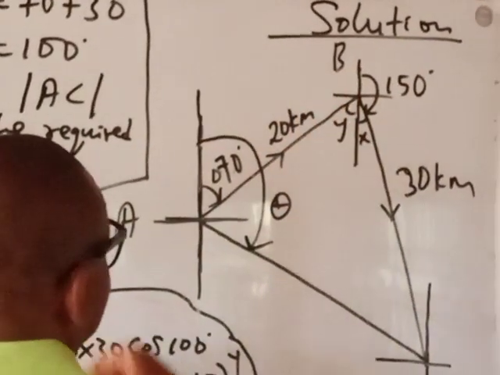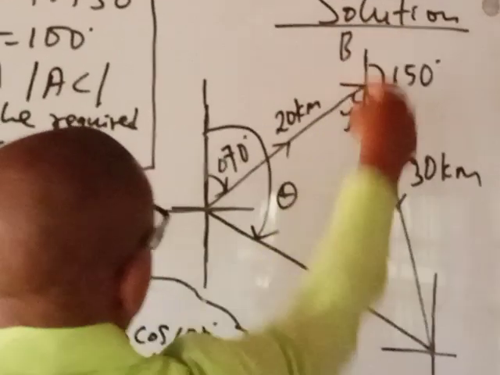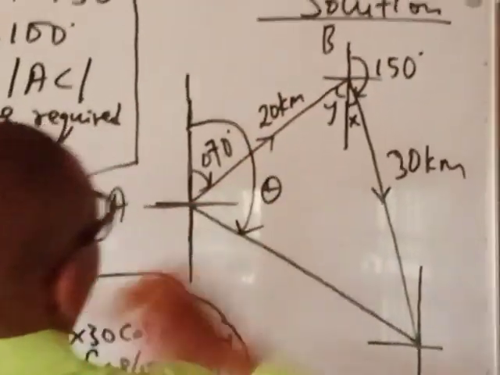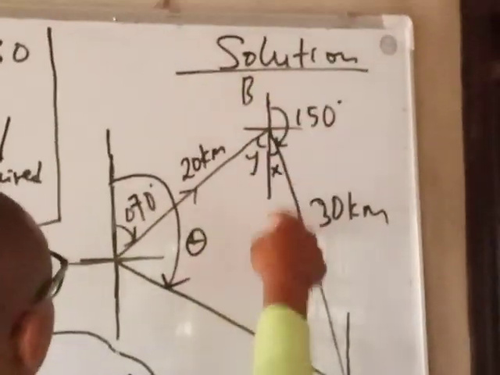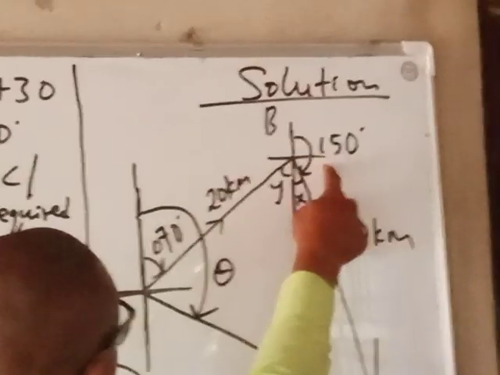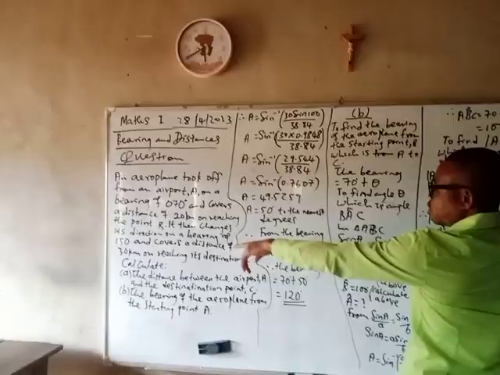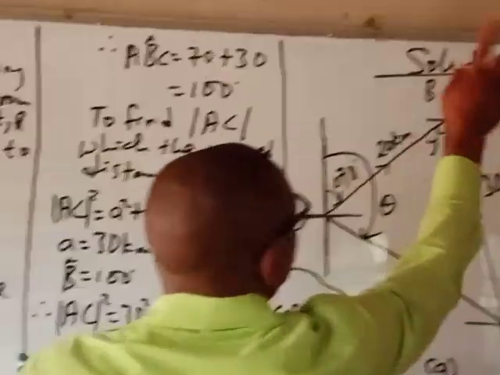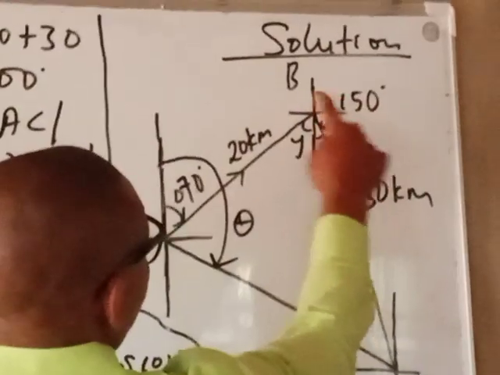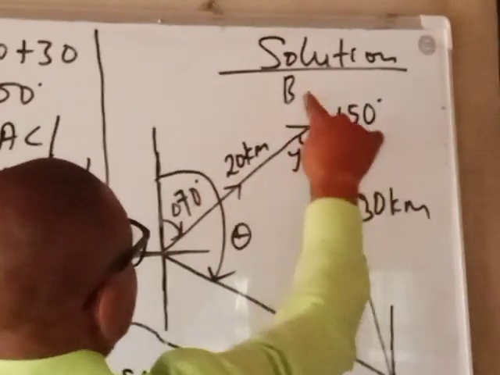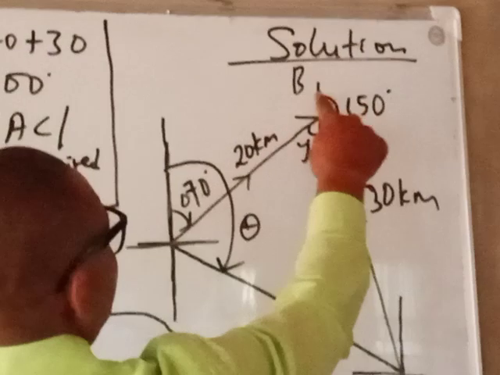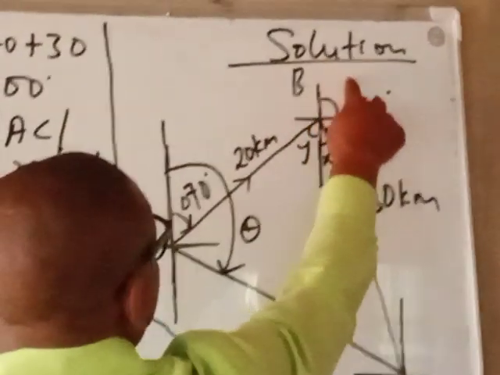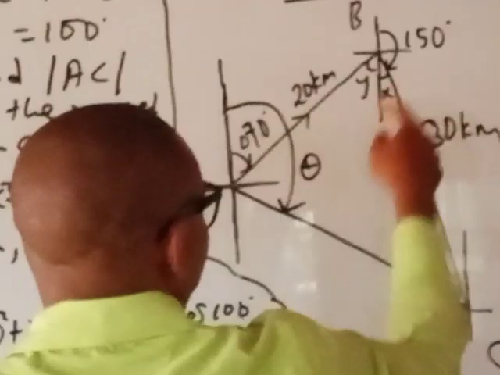This is 20 kilometers. On reaching the point B, we now draw another four cardinal points. Then the second bearing is 150 degrees. At that second turning, which is point B, we start from the cardinal north and move in clockwise direction.